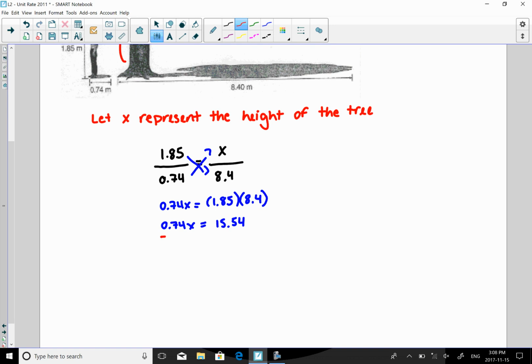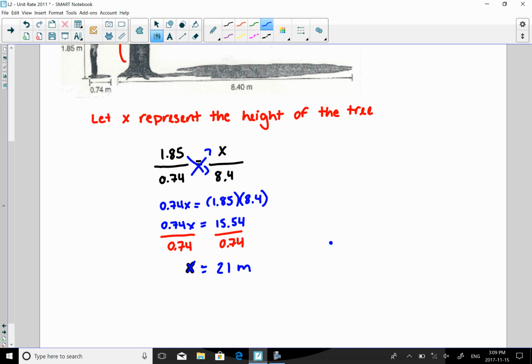Divide both sides by 0.74. x is equal to 21 meters.